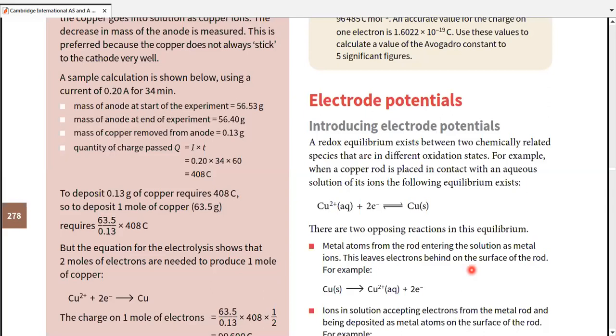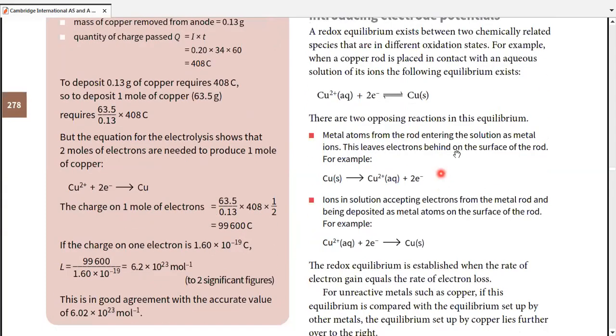So copper ions are in equilibrium with the copper atoms, or solid copper, whenever we place a copper rod in contact with an aqueous solution of its own ions. There are two opposing reactions in the equilibrium. Now we are going to go with the forward reaction for this one and the reverse reaction for this one.